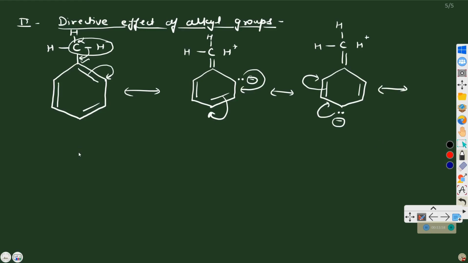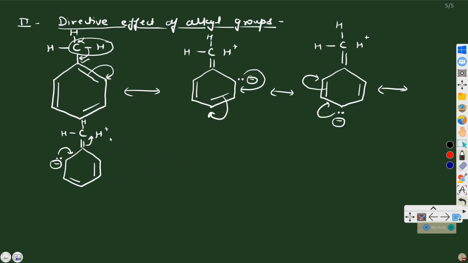The next structure, looking here down. There are 3 alpha hydrogens, so there are 3 of these types of resonating structures. For each bond there are 4 resonating structures. So 4 into 3, a total of 12 resonating structures possible.